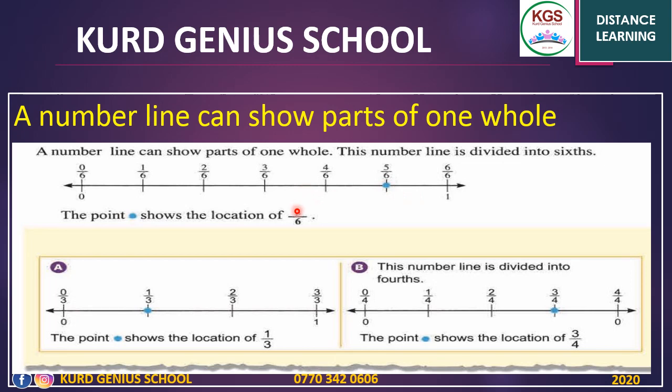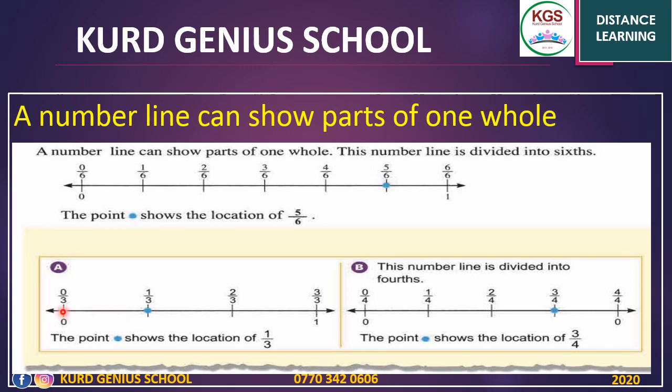It is the same thing as the figures, but the difference is that while we are dividing the figures into different parts, we start counting from number 1. But here we have to start from 0 because it's a number line. Look at these two, A and B. Look at the denominator.